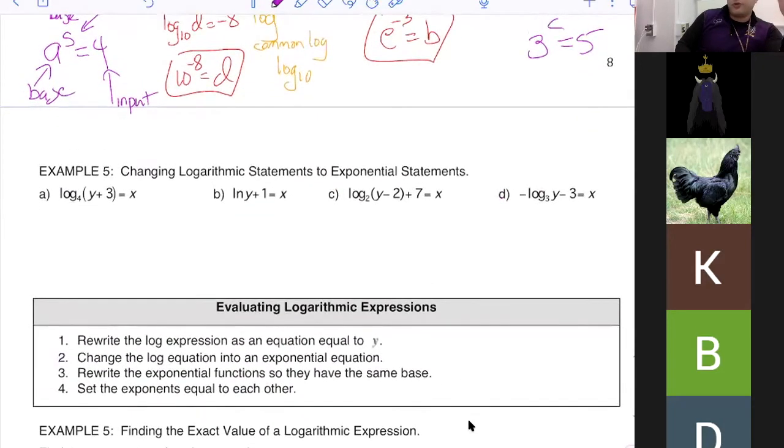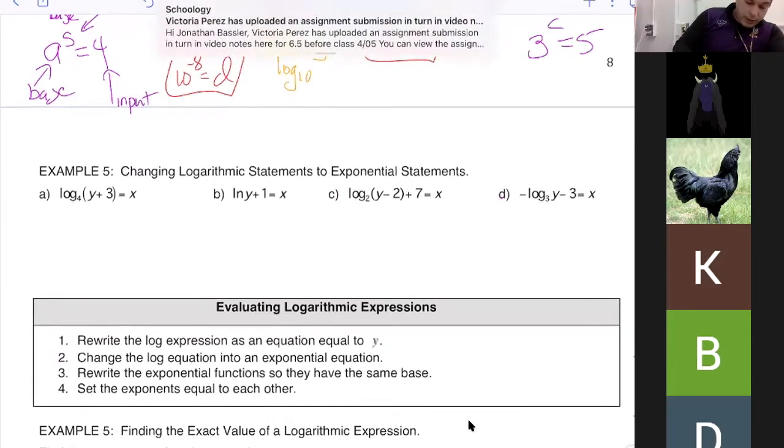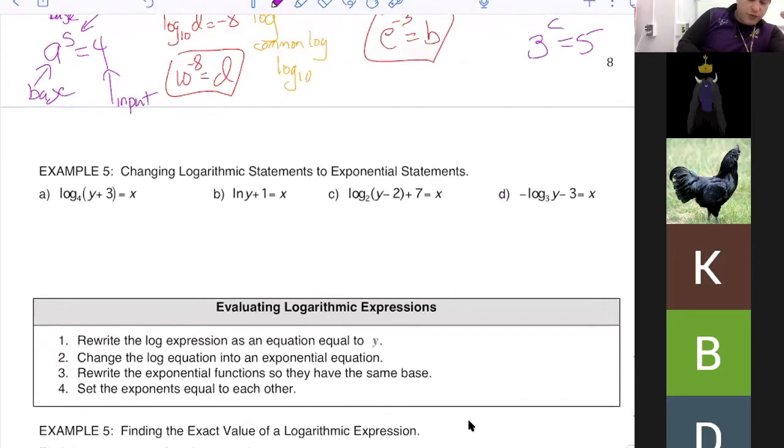Okay. All right. So now, part of the reason why we're learning this is because it's sometimes hard to solve logarithmic equations, and it's easier to change them into exponential equations. So for example, looking at this one, log base 4 of y plus 3 is equal to x. With the knowledge of exponential equations, I could just rewrite this as 4 to the x is equal to y plus 3.